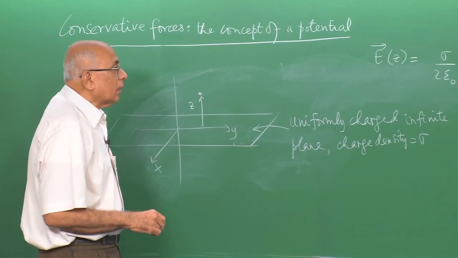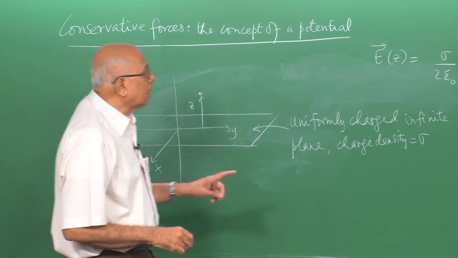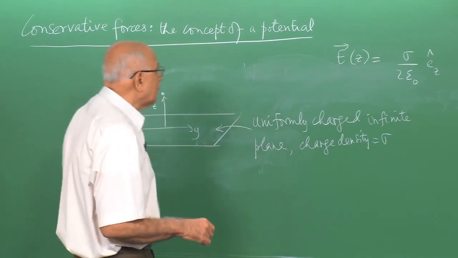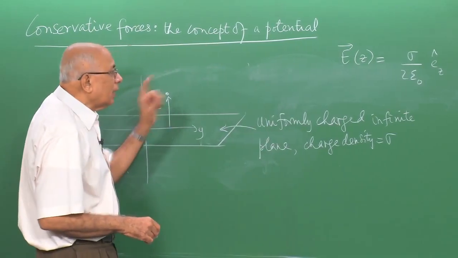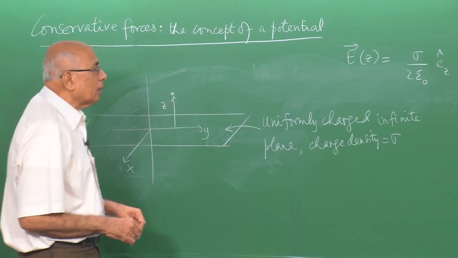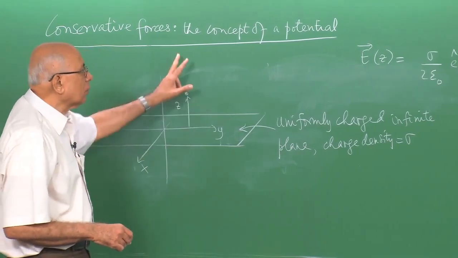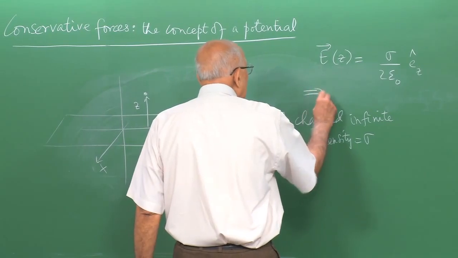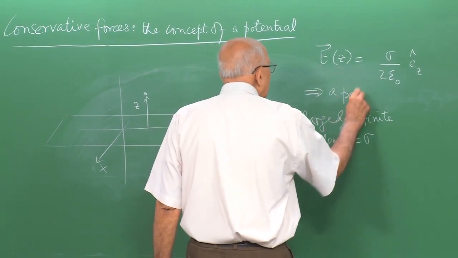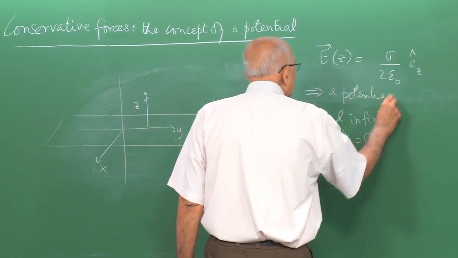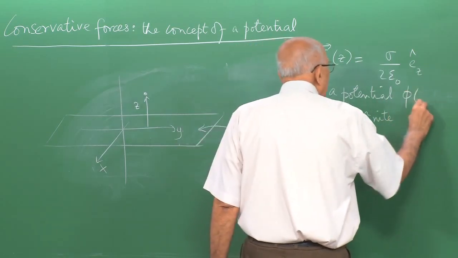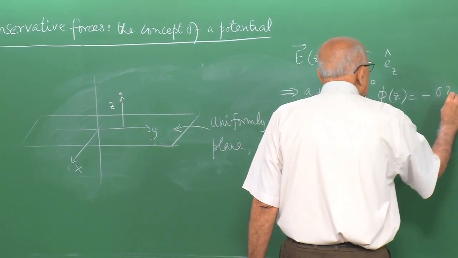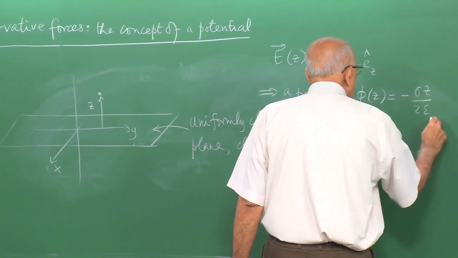That's E of z. And the question is, can I relate this E of z to some potential such that the derivative of that potential with an appropriate minus sign is going to give me this force? And the answer is yes, immediately, because this will correspond to a potential phi, a function of z, equal to minus sigma z over 2 epsilon naught.